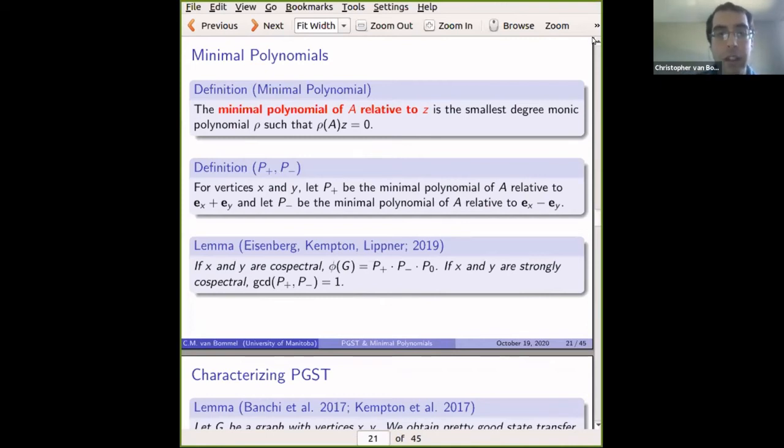The ones we're interested in, if we're considering pretty good state transfer between two vertices x and y, are those for the characteristic vector at x plus the characteristic vector at y, and the characteristic vector at x minus the characteristic vector at y. We'll call these p_x, p plus, and p minus.